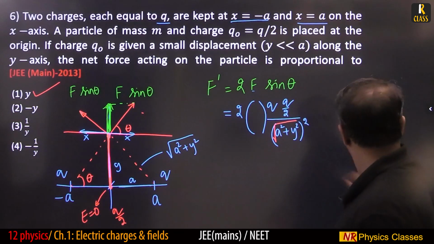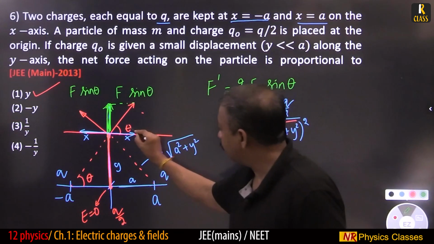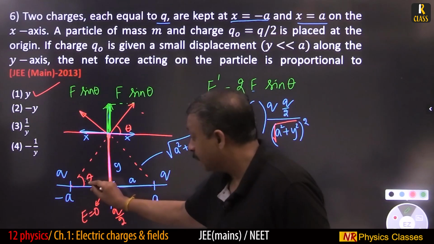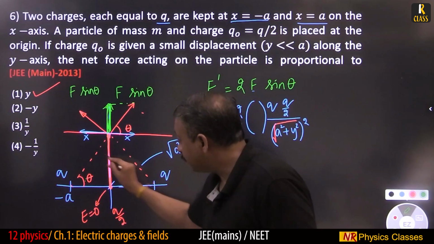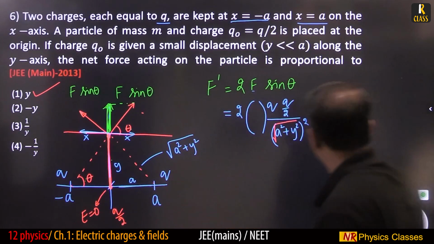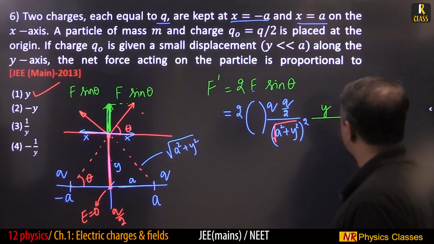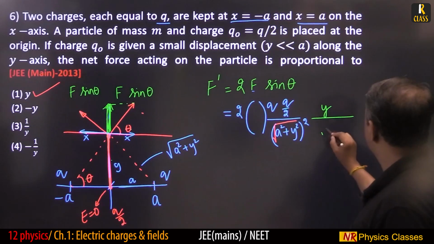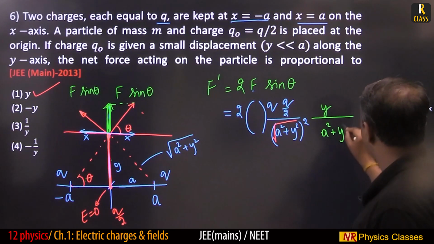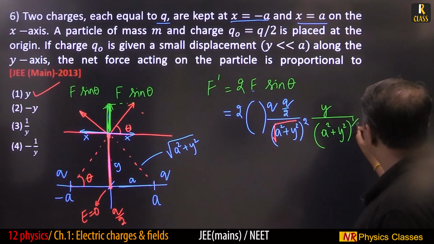Into sin theta. This sin theta is, instead of this theta, let me go to this theta. Sin theta is opposite by hypotenuse, y by hypotenuse, which is again the same thing, root of a square plus y square. Root means power half.